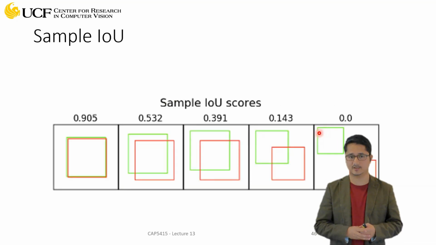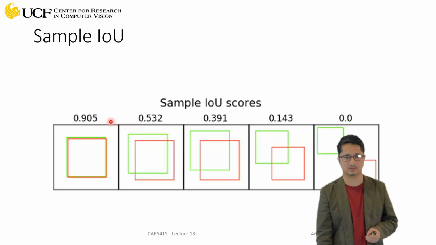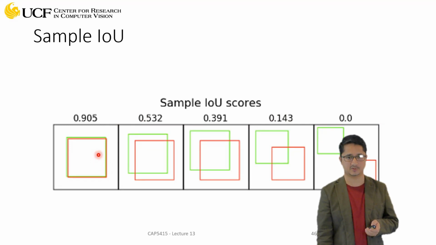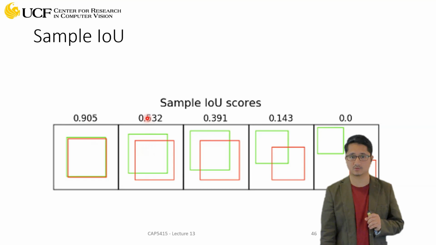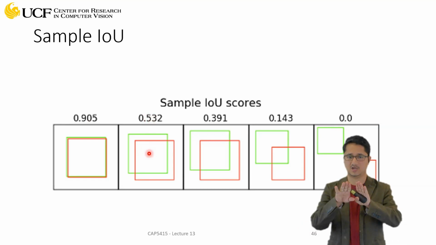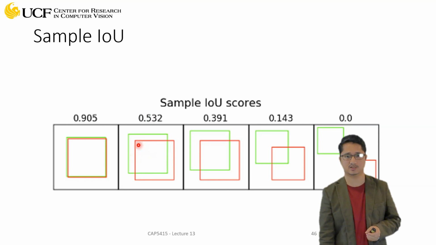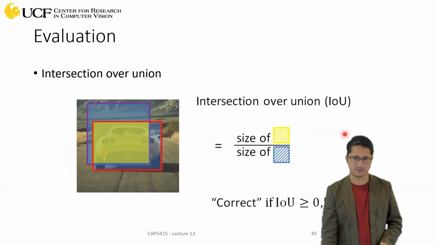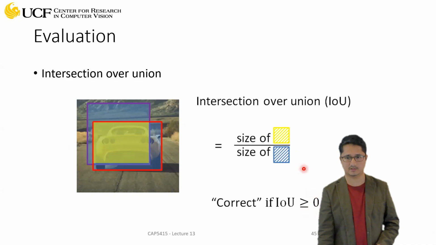So that's a clear difference. Now you have these detections. Let's see how the number looks when the intersection over union score changes. In this case, you can select high overlap and you will get something like 0.9. In this case, even though the score is 0.5, it doesn't mean it's a completely half overlap. It's much bigger than that, but still you have a score of 0.5. And this is 0.3, and it goes down, and with no overlap you will get a score of 0. This threshold is for evaluation.